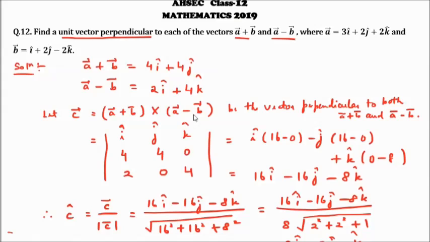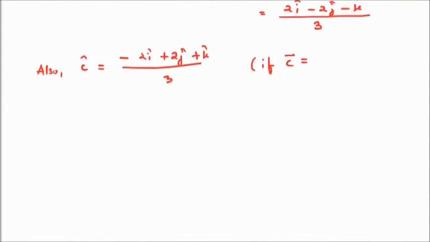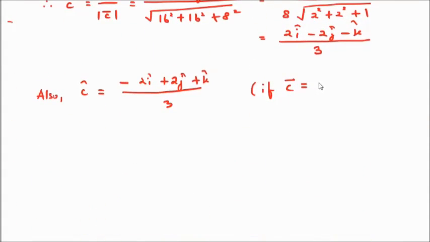So if I take a vector minus b vector first, then only the sign will be changed. So if my c vector is this, I will get my c cap as the negative of this one. So these are my required unit vectors.